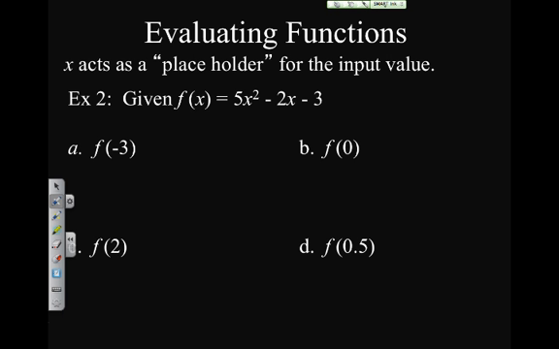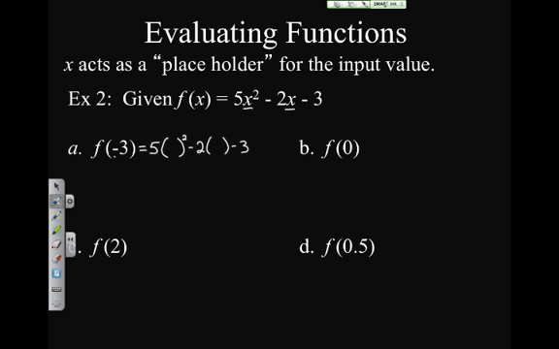So now we're given f of x equals 5x squared minus 2x minus 3. So when we evaluate f of negative 3, all we're going to do is copy down our function that we're given, 5 times something squared minus 2 times something minus 3. Notice I just replaced each of these x's in the function with parentheses because that's where our input value goes.